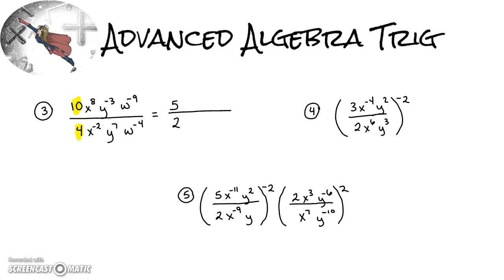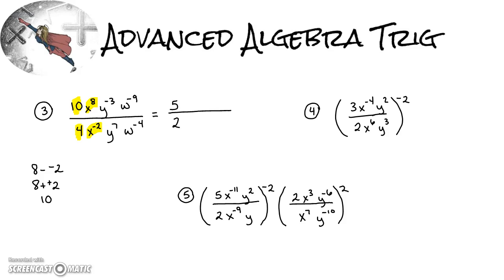All right, now x to the 8th over x to the -2, we subtract exponents. Now I'm going to write this in the margin. We're going to subtract 8 and -2, so it's going to be 8 minus -2, which becomes 8 plus 2. So that's actually a total of 10.